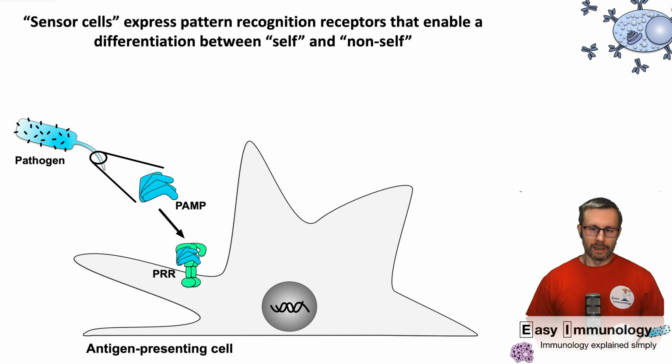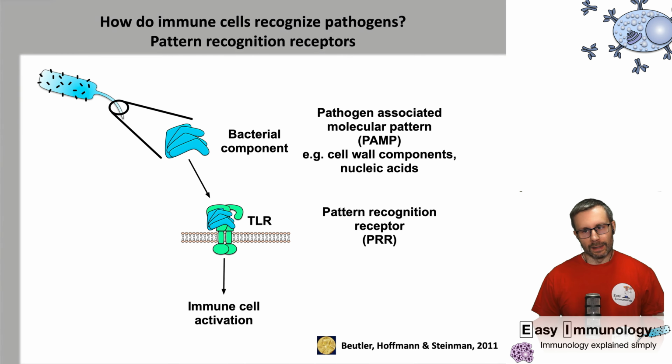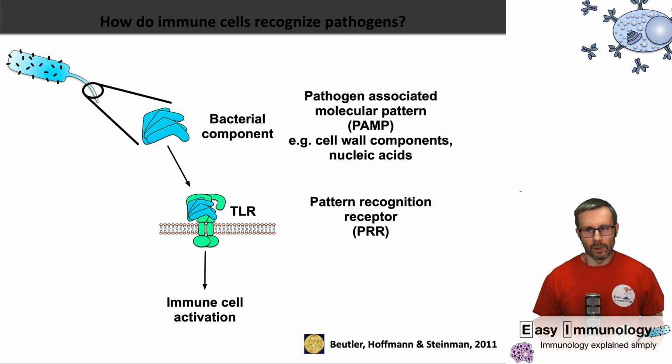And then the immune cell gets activated. So, as I said, there are different pathogen-associated molecular patterns. They are, for example, this flagellum can also be cell wall components or nucleic acids inside of bacteria or viruses. And they bind to these pattern recognition receptors, and they trigger then immune cell activation.